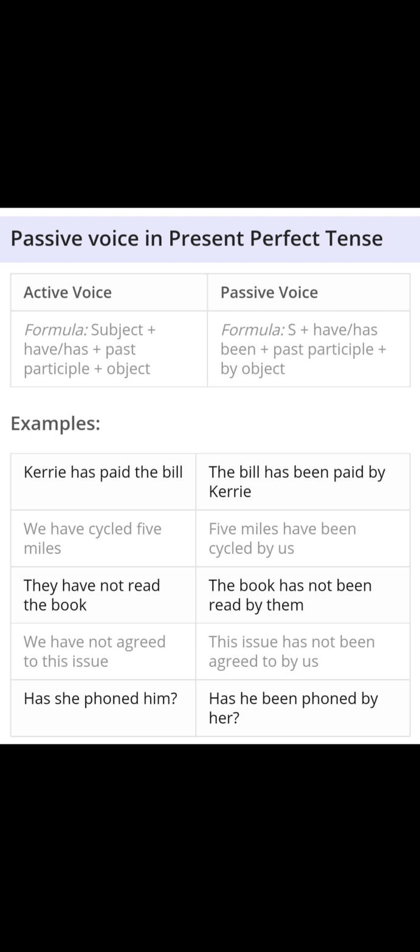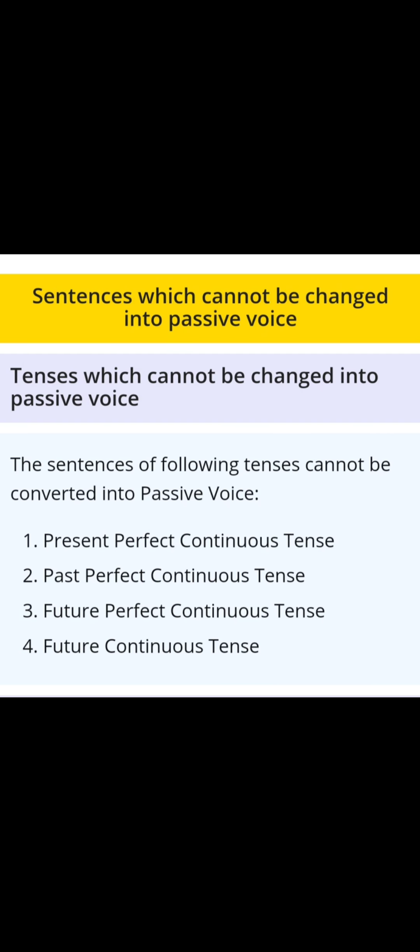Before starting present perfect tense, my dear students, let me tell you that there are 4 tenses which are not changed into passive because they are already passive sentences. Here is the list of tenses which cannot be changed into passive voice: present perfect continuous, past perfect continuous, future perfect continuous, and future continuous tense.